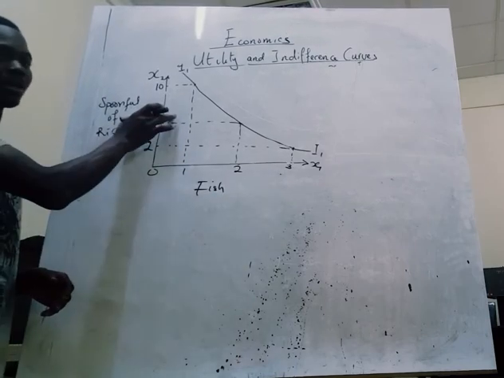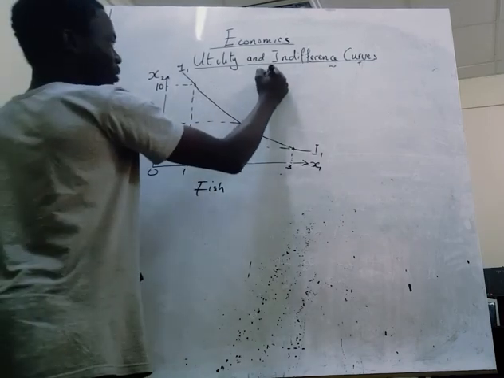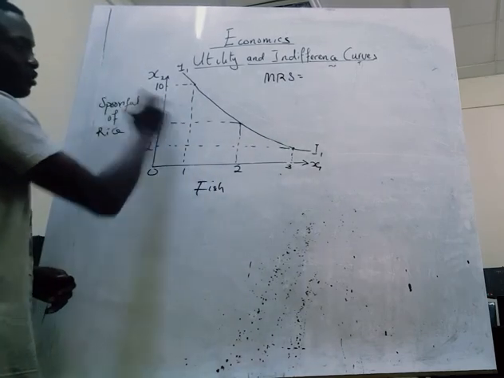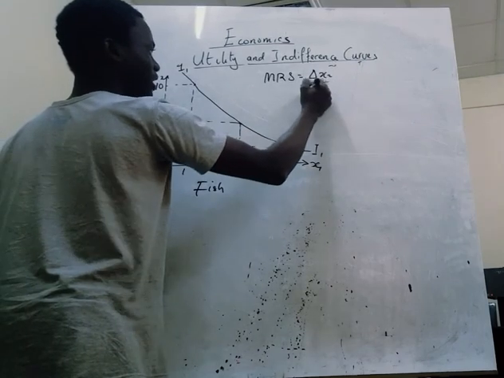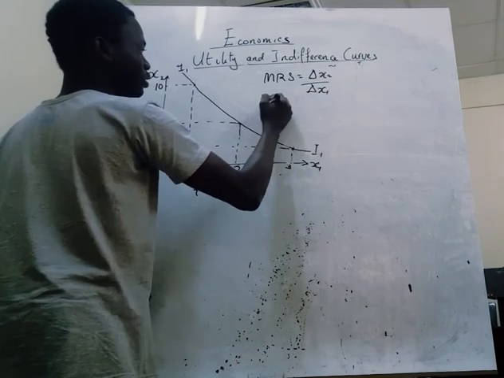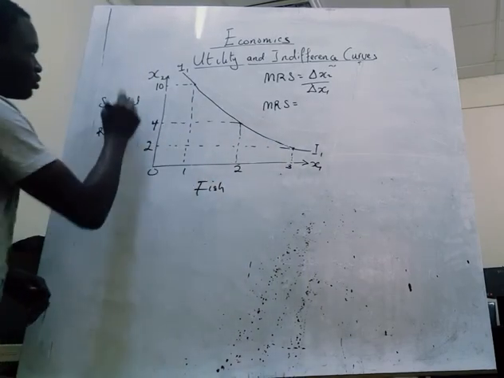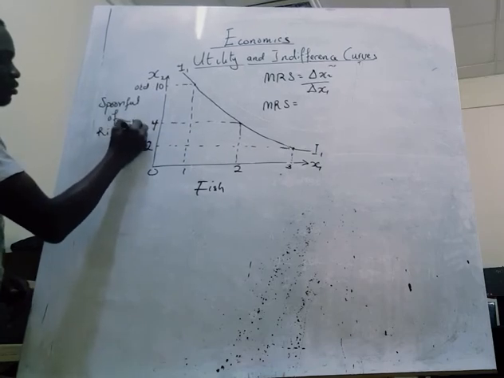Okay, so by the time we now calculate the slope, our MRS at this point, our MRS is the slope. So we have x2 here and we have x1 here, that is change in x2 over change in x1. So our MRS, which is the marginal rate of substitution, now is, what is the change in x2? This was the old value, and this is the new value.